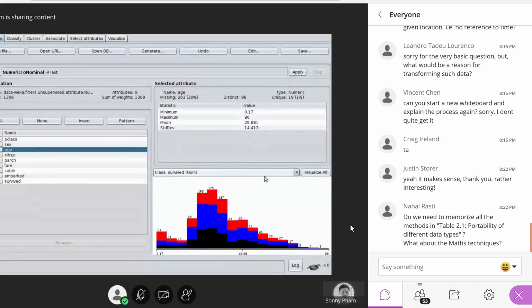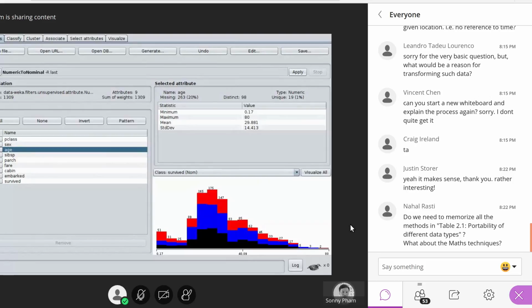Now I'm looking at the Titanic data set again. This time I'm looking at the age attribute, right? Can anyone read from the histogram and tell me what the range of values we are seeing here in this plot?